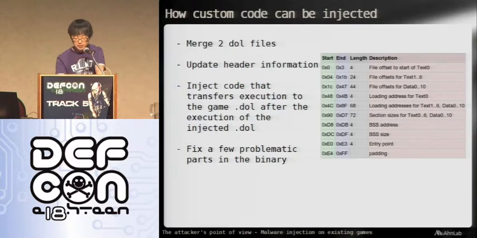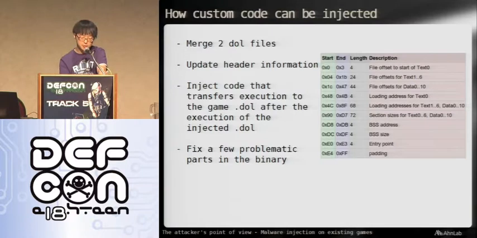What we did was statically compile all the library code in our homebrew application, which is done by default anyway, and fix the image base to some place in the game memory that's not occupied. And after that, attach our homebrew application to the game executable and fix the header in the game DOL file to reflect the changes. And the entry point will be changed to the entry point of the homebrew.